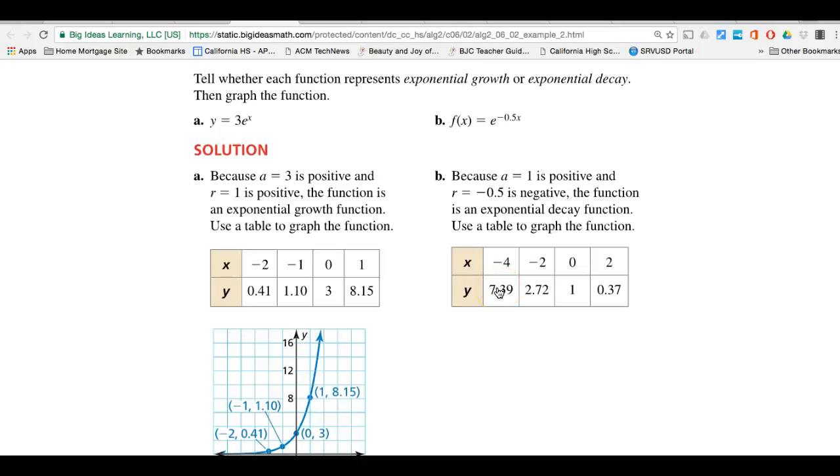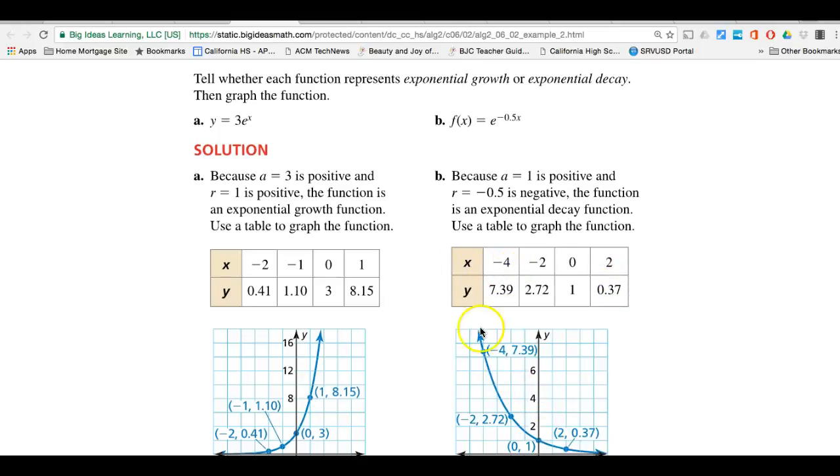And we're going to see, again, remember, as we start going down, because this is decay, as we start getting further away from our y-axis, this is just going to get closer to y equals 0 here. So our decay comes down at a steep curve and then starts to flatten out once we start going away from 0 in the positive direction.